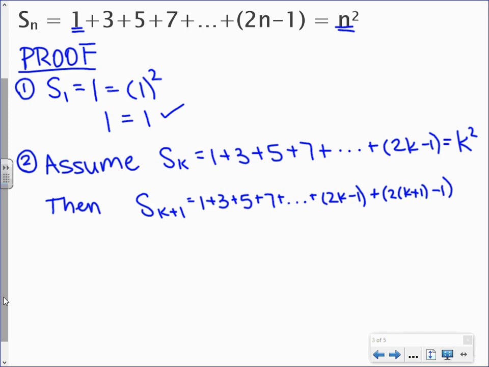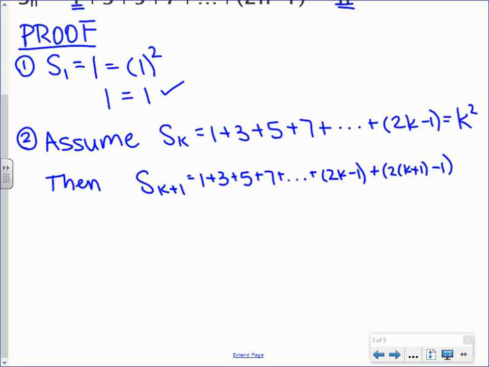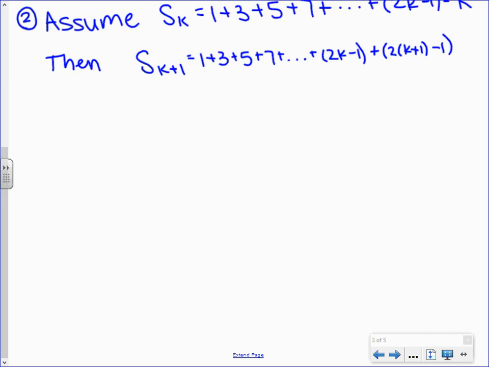So way down here at the bottom, I'm going to write that the k plus 1 sum is k plus 1 squared. And if we could get our algebra to lead us to that, then we have completed our proof. We are showing that the k sum implies that this is true.